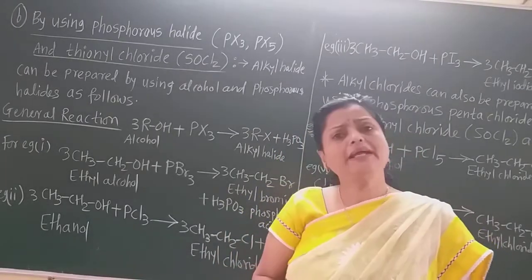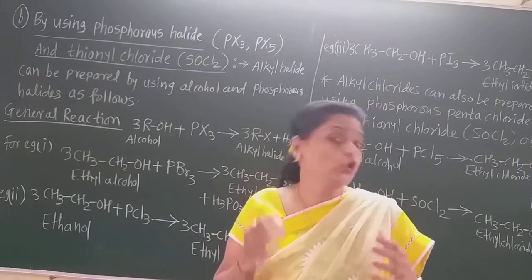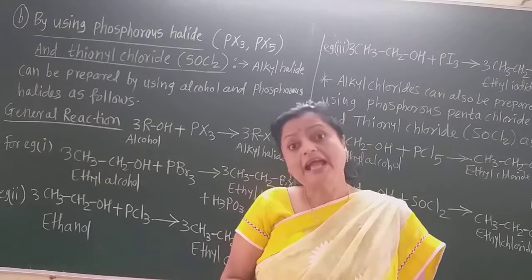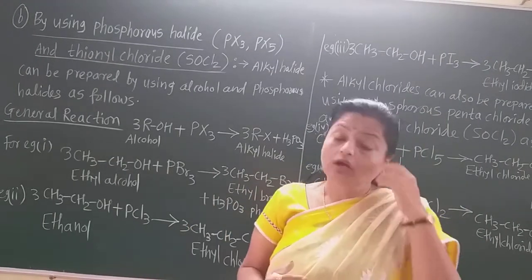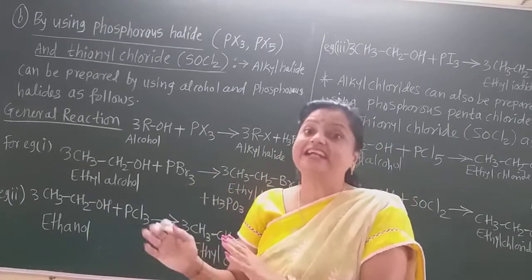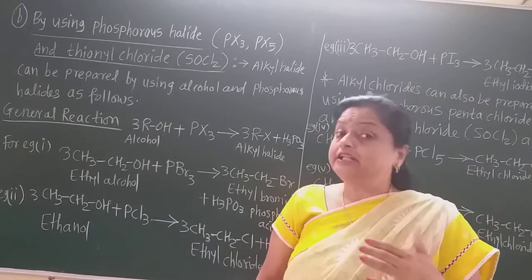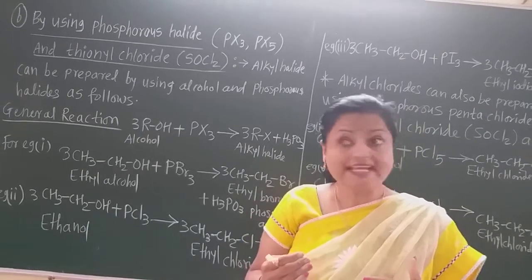Now the first method, which is a very important method, is from alcohols, and in that first method there are sub-methods. Now from alcohol we have to prepare the alkyl halides, but in the first sub-method what was there?